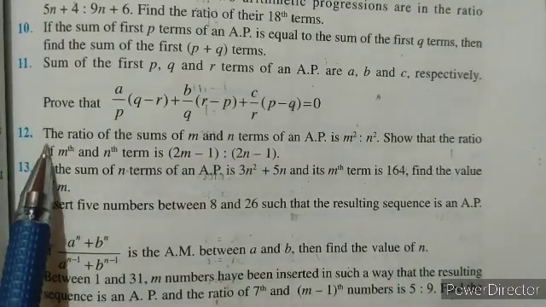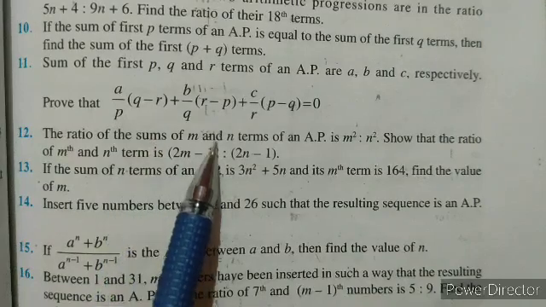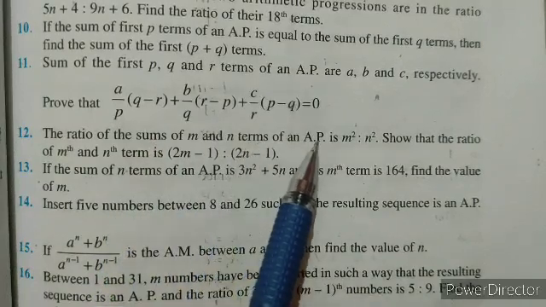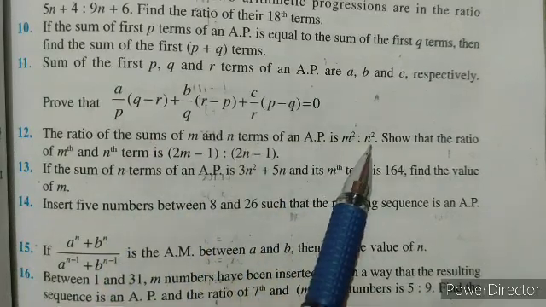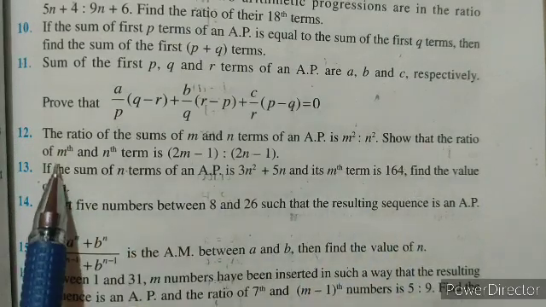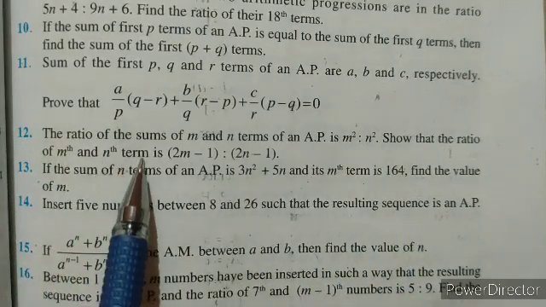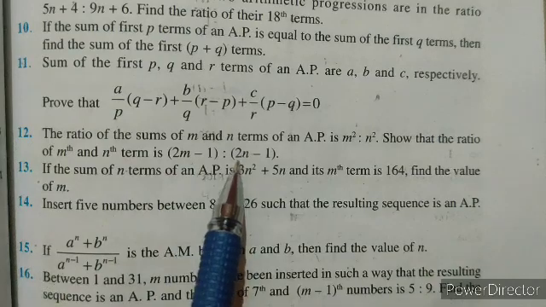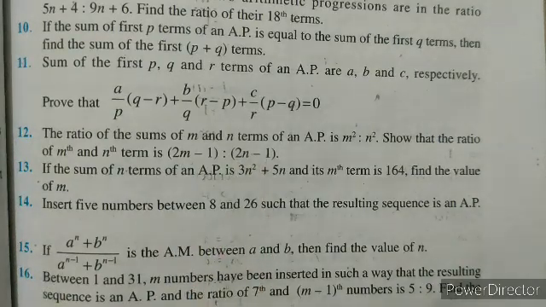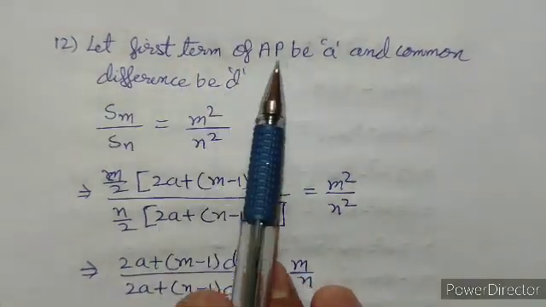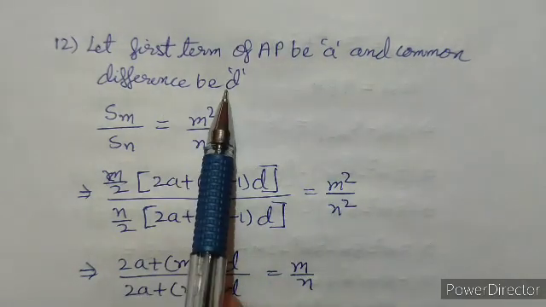Now in question number 12, the ratio of the sum of m and n terms of the AP is m square ratio n square. We have to prove that the ratio of mth and nth term is 2m minus 1 ratio 2n minus 1. Now let the first term of the AP be a and common difference be d.